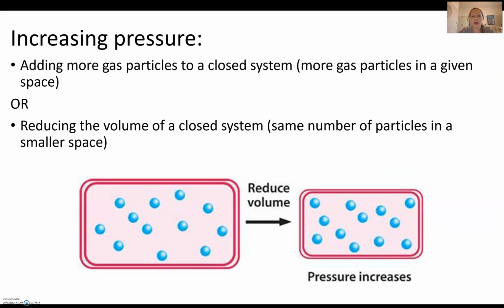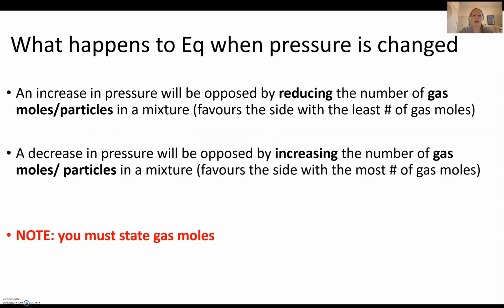So how can we increase the pressure? Well, we just mentioned one way, reducing the volume of a closed system. The other way is that you could add more particles. Let's talk about what happens. Remember with Le Chatelier's principle, I'm trying to get you into a routine of always stating the direct opposite first.